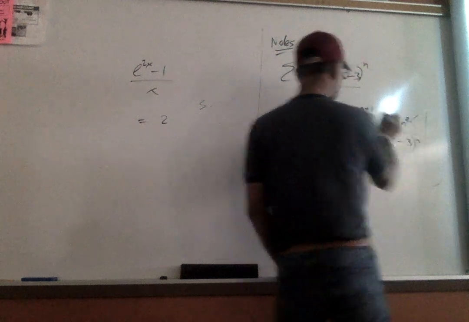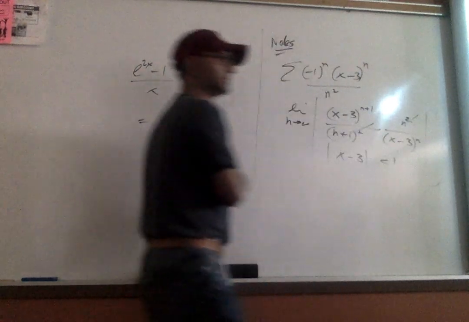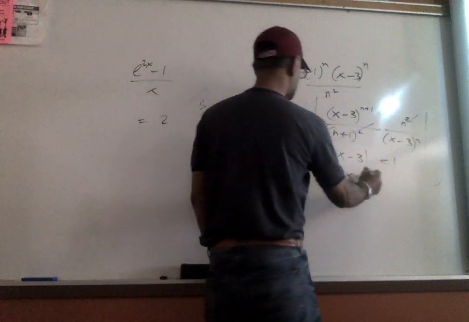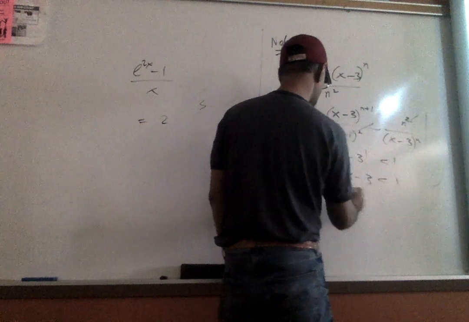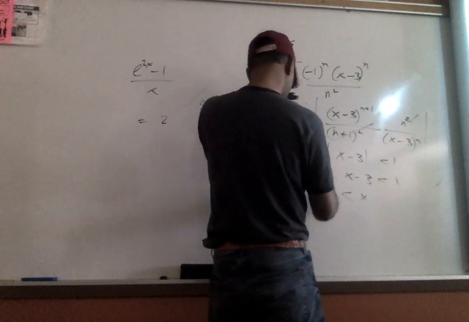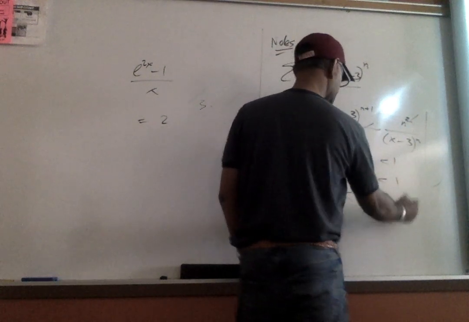When you take the infinite limit, that will collapse. You'll just get absolute value of x minus 3 is less than 1. Okay? You take x minus 3 greater than negative 1, less than 1. x is greater than 2 and less than 4.